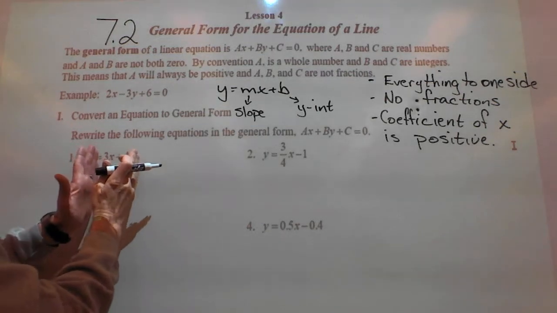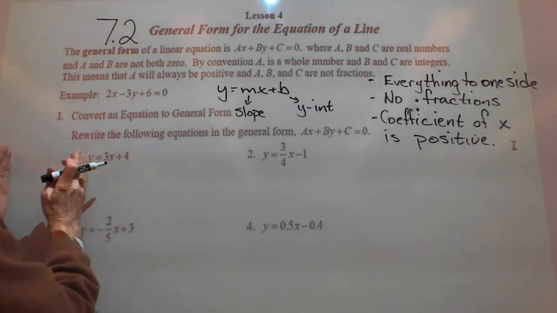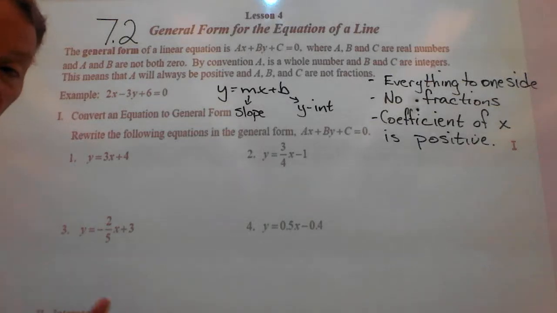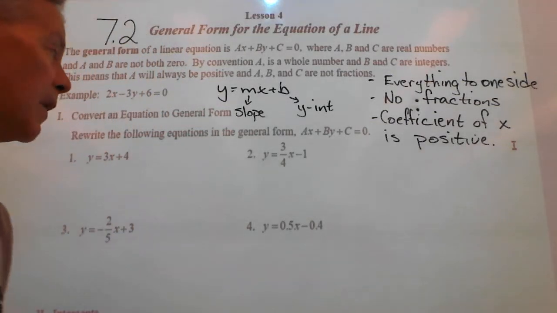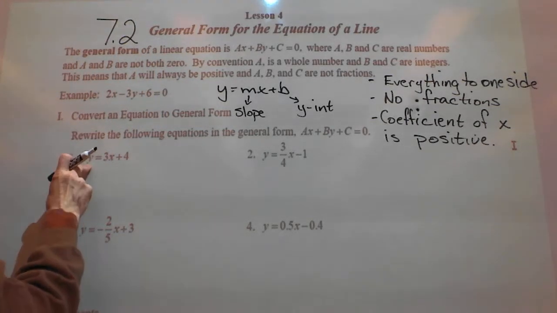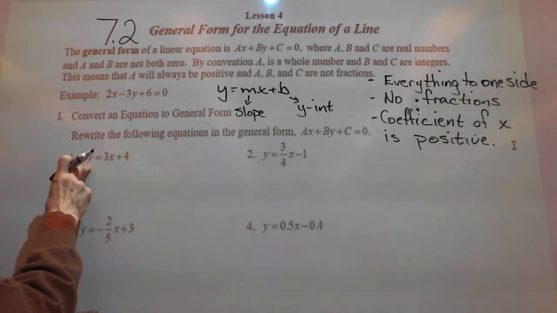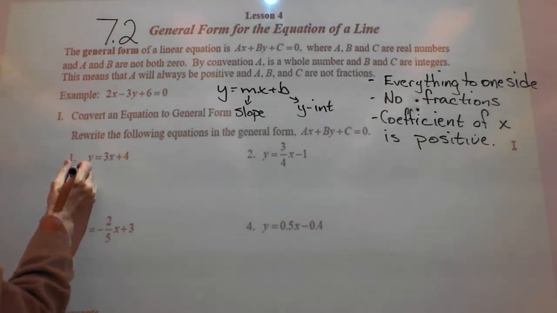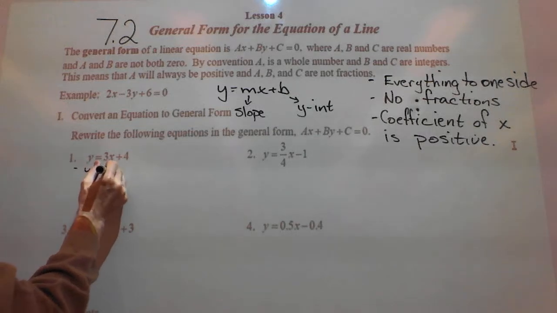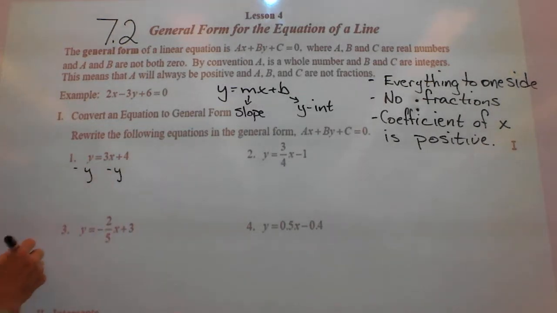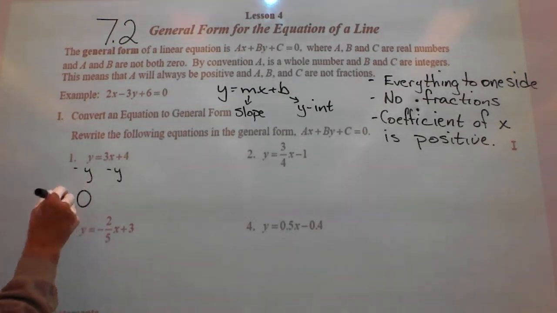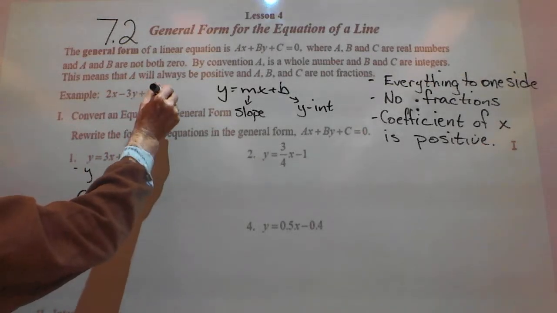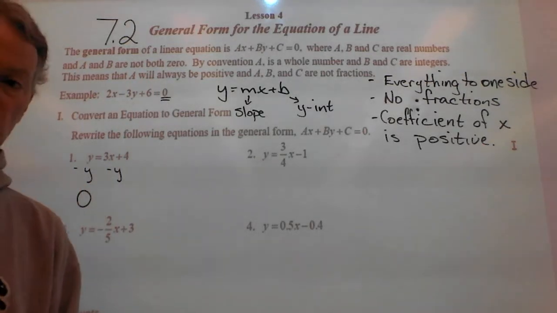It doesn't matter if you move everything to the right or everything to the left, so long as everything is on one side. Okay? So if we want to get rid of this y, in other words, we want to move it over to the right side, we simply subtract y from both sides. y minus y gives us 0, which is what you want to have on one side.